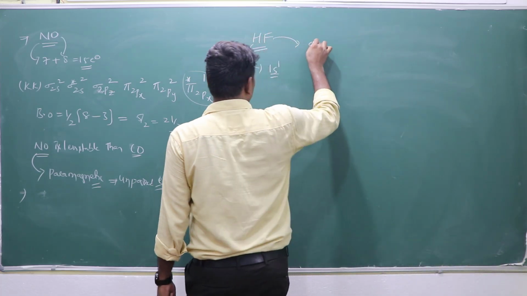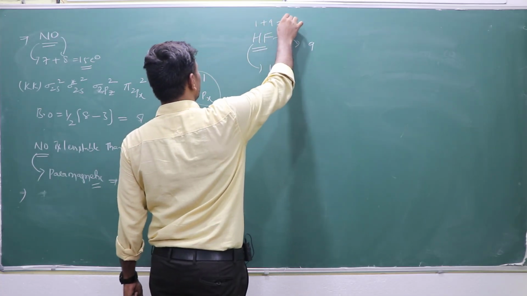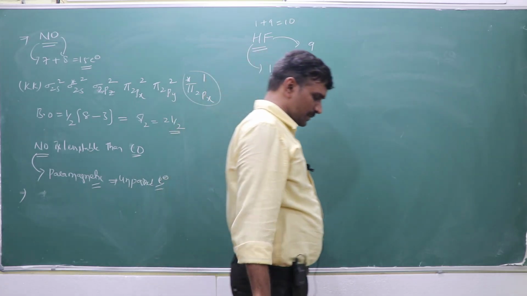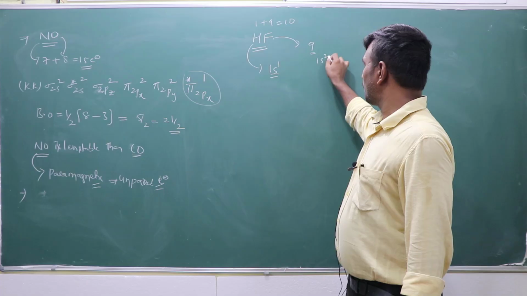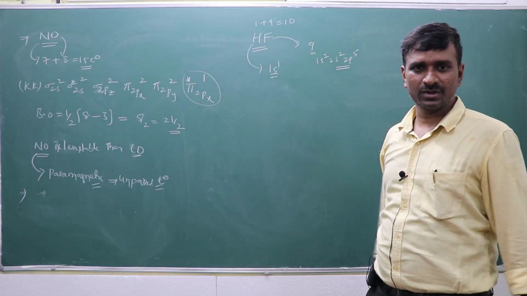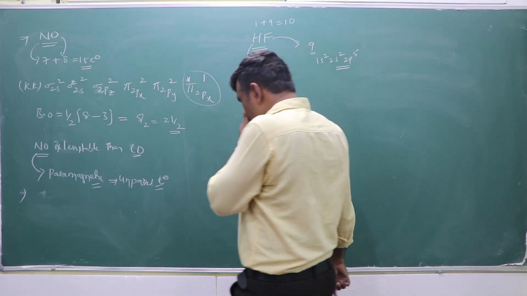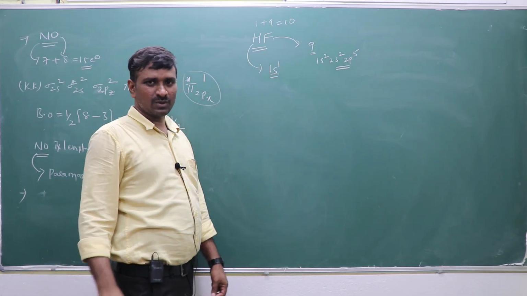And F has 9. So 1 electron plus 9 electrons, total 10 electrons. In F, 9 electrons: 1s2, 2s2, 2p5.